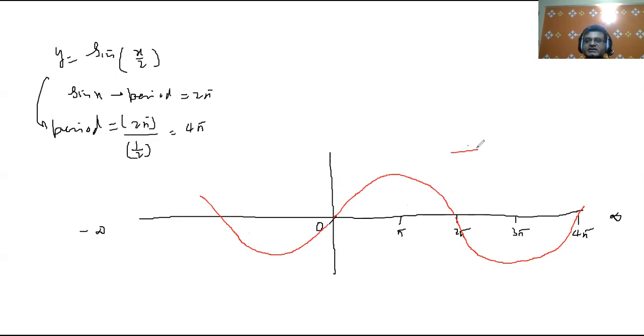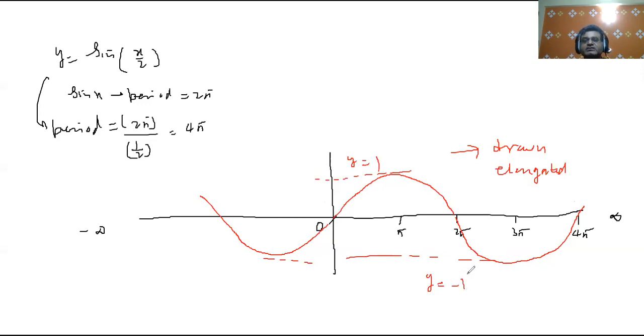It has just been drawn out, or elongated, just like a spring you are stretching. In the previous case we were compressing it, but in this case it was elongated. So the period will change, and the period will be equal to 4 pi. There will be no change in the height. The height will remain the same.